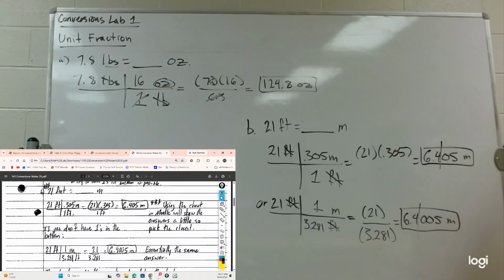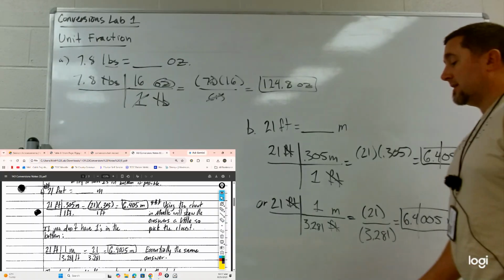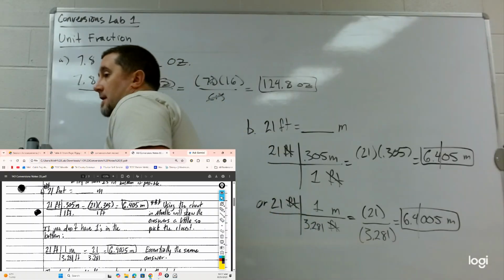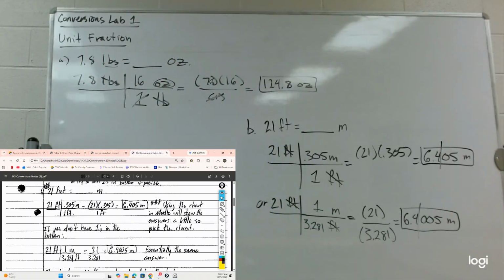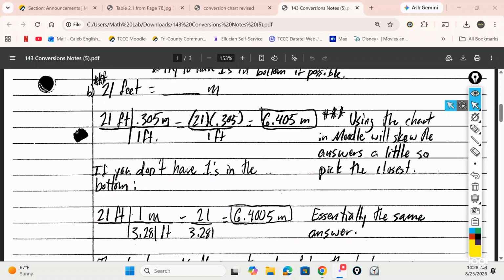Don't get bent out of shape if the choice that you have available to you doesn't match what you got in your work. It's going to happen, especially if you use this Moodle chart. All right, so just keep that in mind. And again, I cannot stress enough, using the Moodle chart will skew the answers, so pick the closest one. Okay, let me go back up to big screen here. All right.